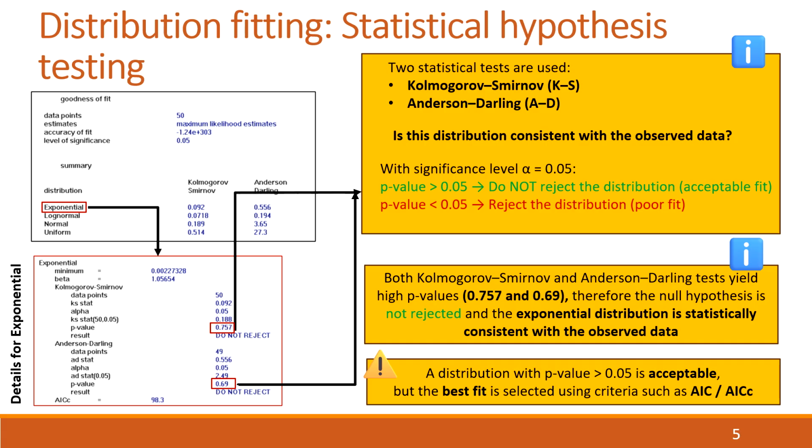StatFit presents us the results of two tests, Kolmogorov-Smirnov and Anderson-Darling. With a significance level of 5%, a p-value above 5% means we do not reject the distribution. In this example, both tests give high p-values for the exponential distribution. So it means that we do not reject the distribution, which means an acceptable fit.